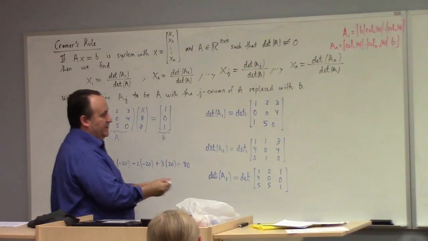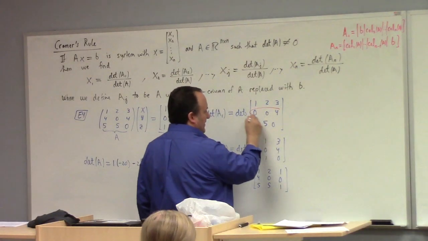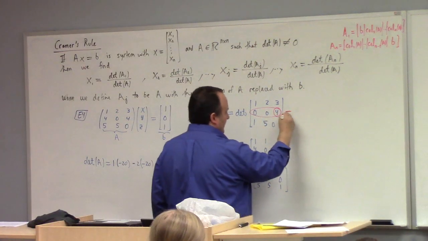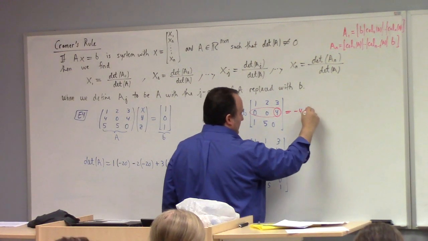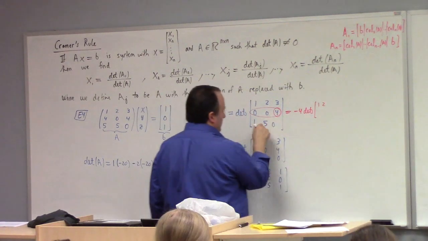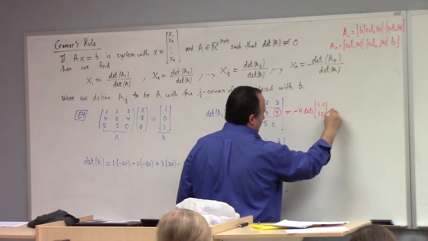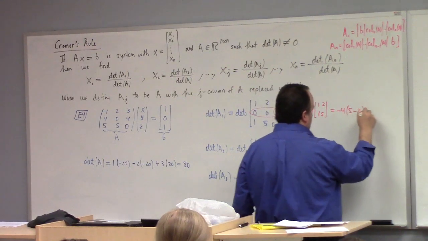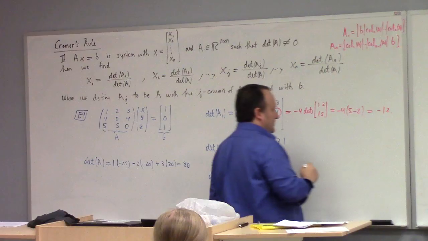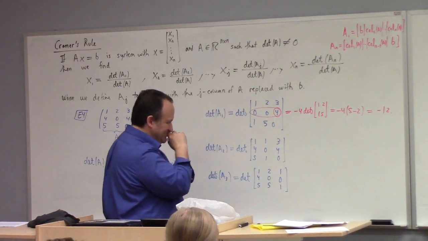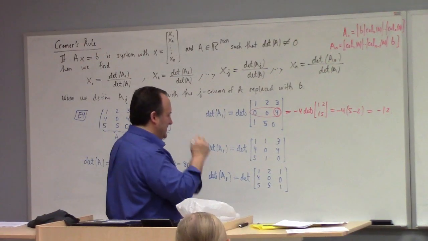So let's make quick work of this one. Notice this right here is super nice. So I'm going to do that one. Plus, minus, plus, minus. So I've got minus 4 times the determinant of 1, 2, 1, 5, minus 4 times 5 minus 2, minus 12 by my calculation. This one here, it just is what it is.